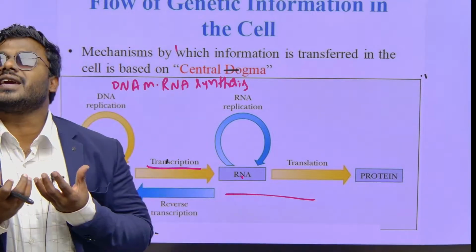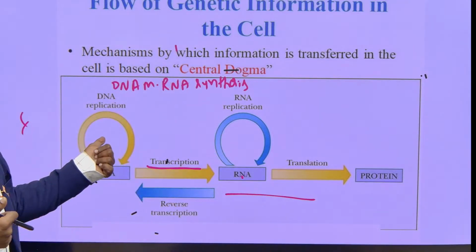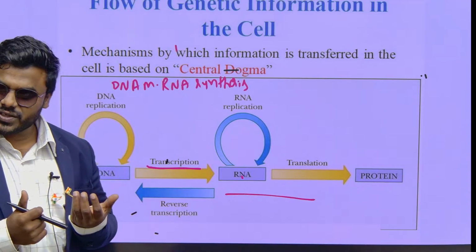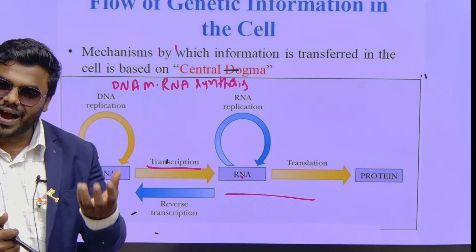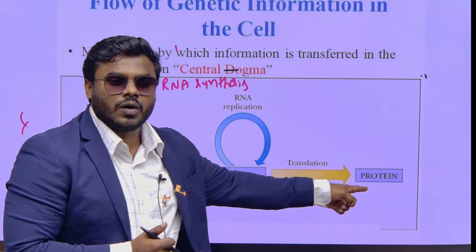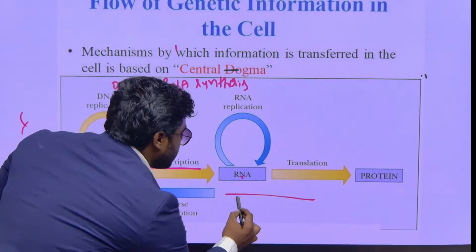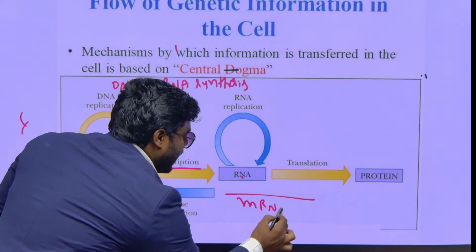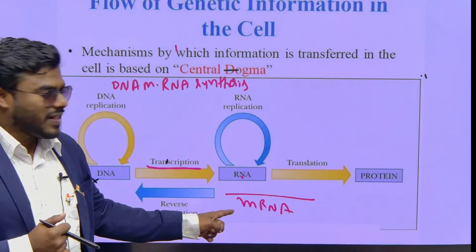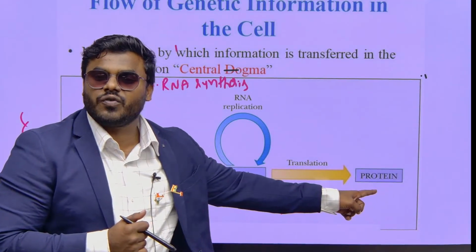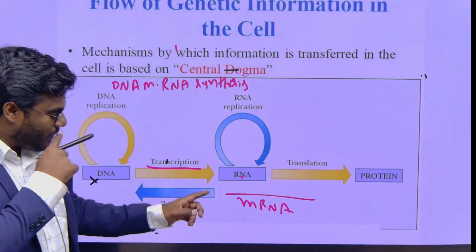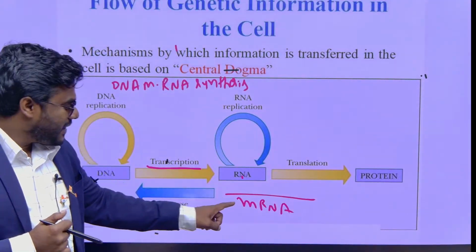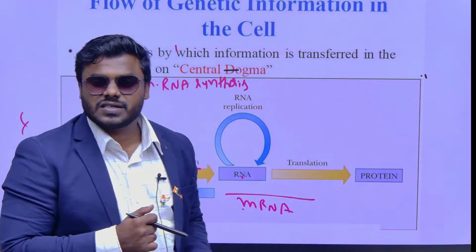RNA is bringing the information from where? DNA. What information is it bringing? It is bringing that information that can give rise to protein. That's why we use the word messenger RNA. It is bringing a message that is required for the synthesis of protein. Now the most important thing here: this mRNA is involved in the synthesis of protein.